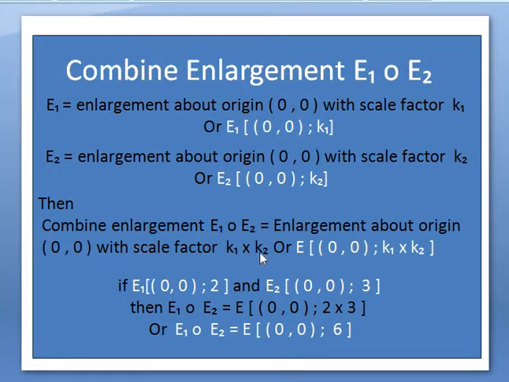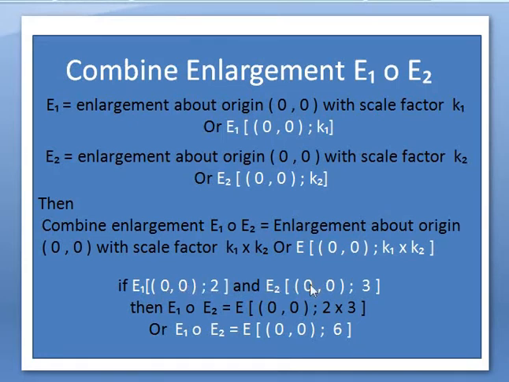So what we see here, if the centers of enlargement are the same, then to find the combination of two enlargements, we just multiply the scale factors, k1 times k2. Look at the example: E with center of enlargement (0, 0) and scale factor 2.